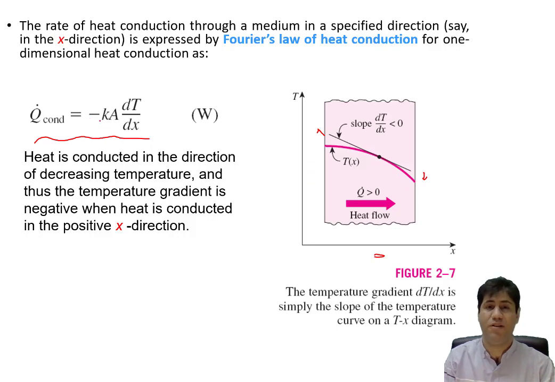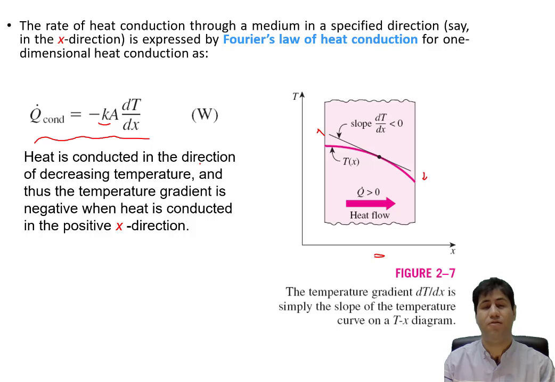And you remember this equation for the Fourier law of heat conduction: q dot by conduction, or rate of heat transfer by conduction, is equal to negative k A times differential of T with respect to x, or direction. k is the thermal conductivity of the medium.